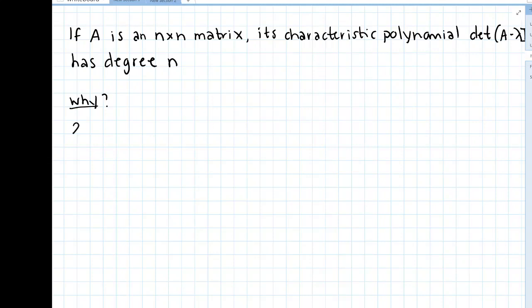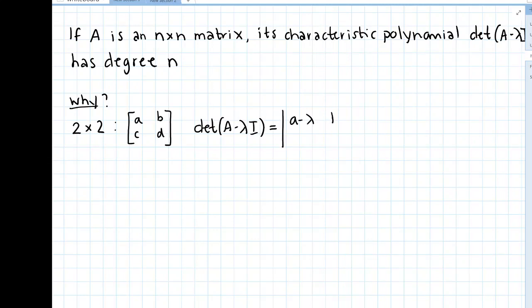So I just want to write out generally what it would look like for a 2x2 and 3x3 case to justify why these end up being the degree that they are. If you have a 2x2 matrix A, B, C, D, then the determinant of A minus lambda I is the determinant of A minus lambda, B, C, D minus lambda.